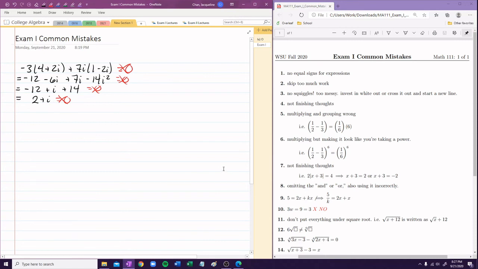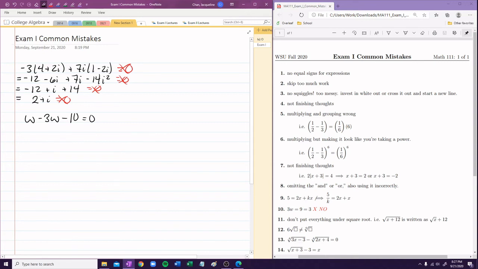All right. Another thing is some people skipped way too much work. So, for example, I wish I could think of an example off the top of my head, but let's say W squared minus 3W minus 10 is equal to 0.